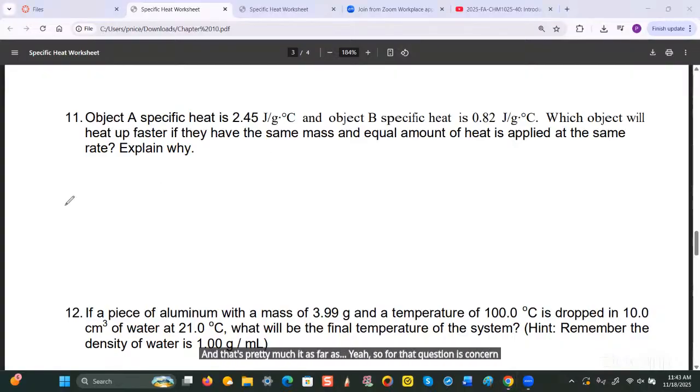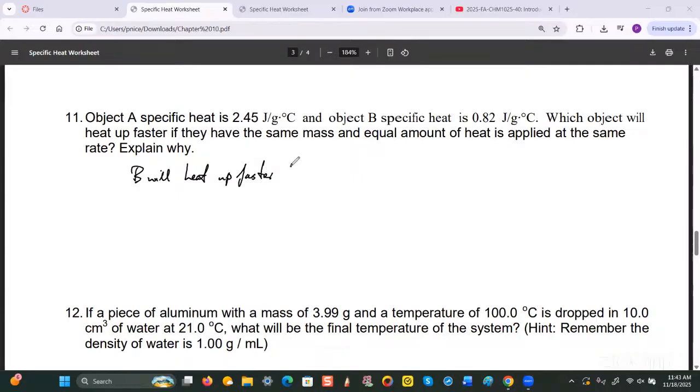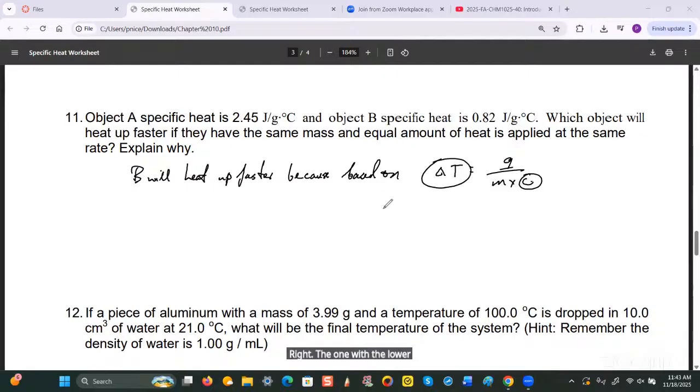So let me just write this down here. B will heat up faster because, based on delta T is equal to Q over M times C, the one with the lower specific heat would have a greater increase in temperature at a faster rate.